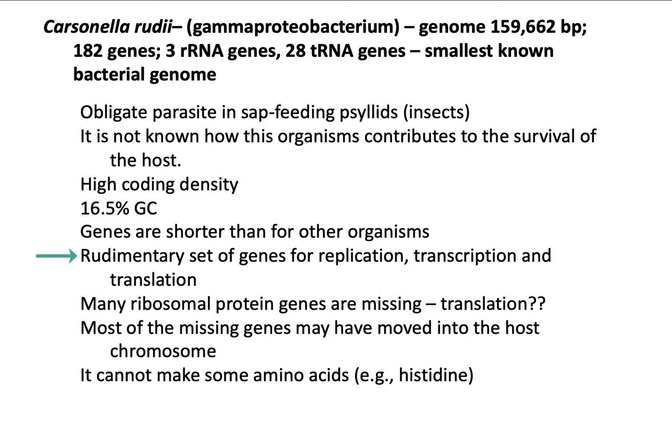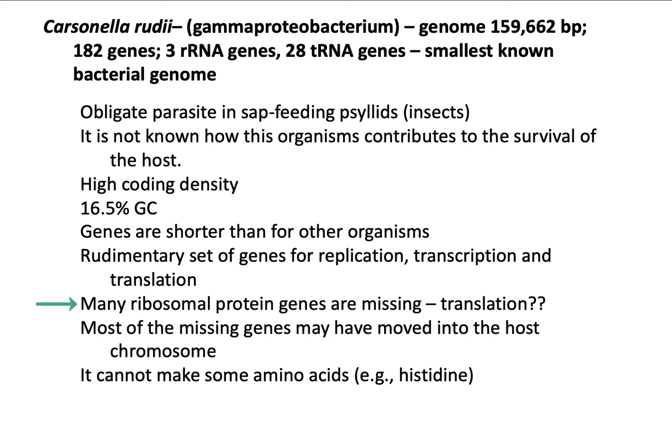It has a rudimentary set of genes for replication, transcription, and translation. Many of the ribosomal protein genes are missing, so this occurs with organelles as well. Their ribosomes are actually smaller than those of the bacteria, and they've lost some of the ribosomal proteins.